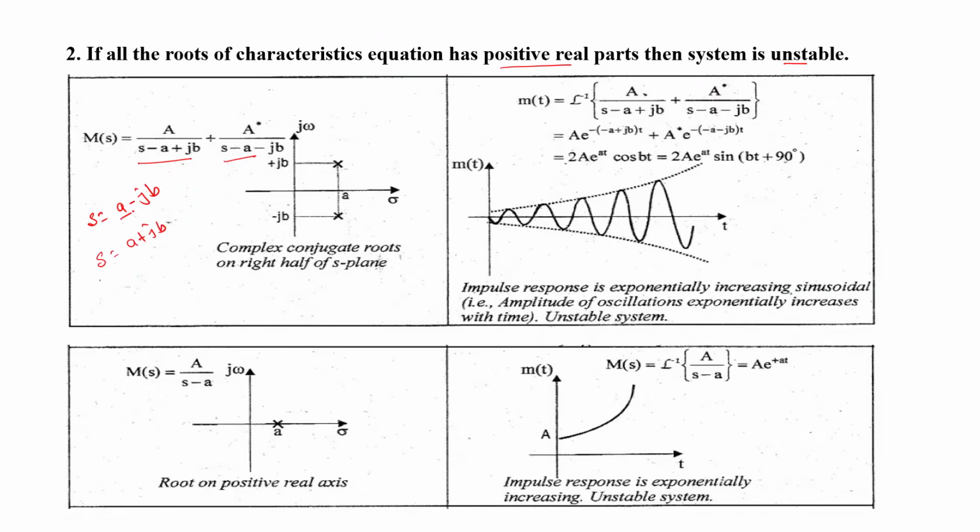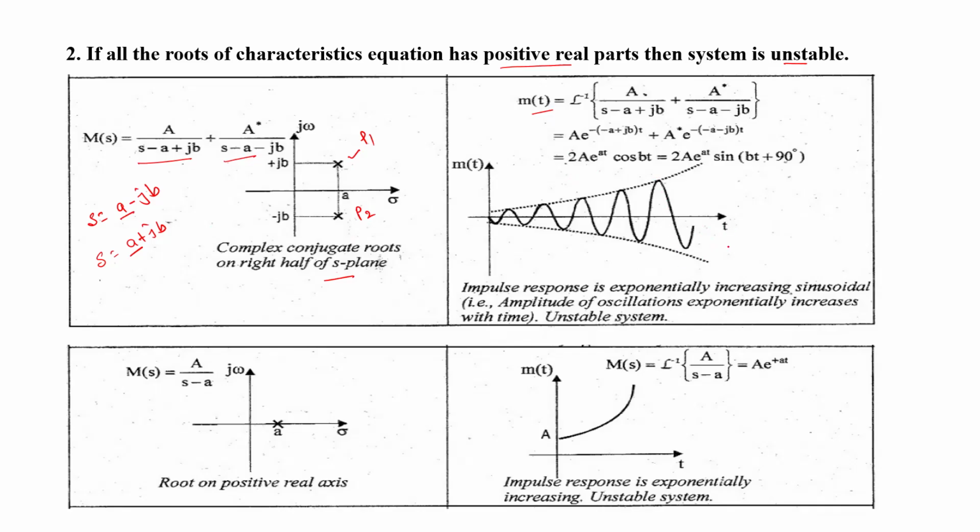So the real part here is positive. That's why one pole is here, another pole is here, both on the right side of the S plane. And for the time domain representation of that impulse response, we are seeing that it is exponentially going to increase.